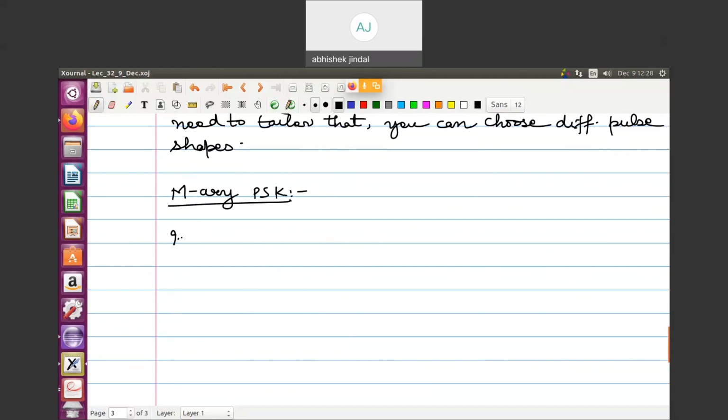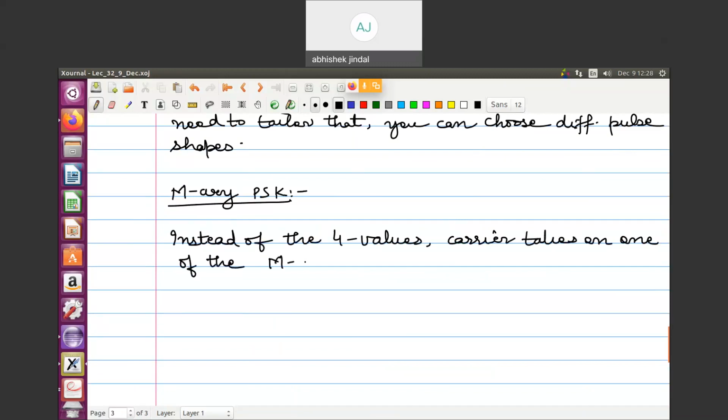So instead of the 4 values, the carrier takes on one of the M possible values. Okay.